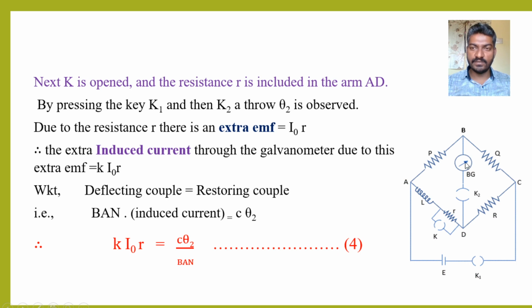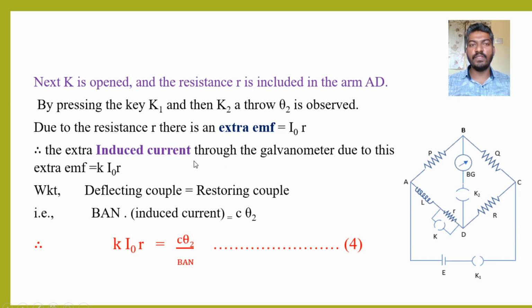Let us take that deflection as θ2. The deflection is due to the extra EMF. The extra EMF is due to this resistance small r. So let us write that extra EMF as I0 into r. If I0 is the current flowing through this r, then EMF can be written as I0 into r.